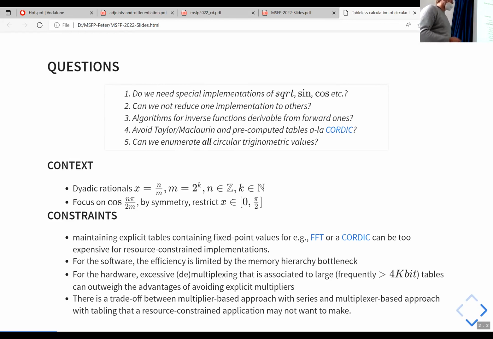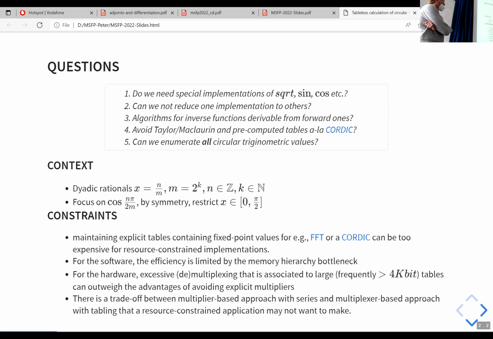Can we avoid standard things like Taylor or Maclaurin series or pre-computed tables that are present in algorithms like Dyadic? And also, maybe a bit controversial question, can we actually enumerate all these continuous values that we have on this plot that I showed before of the sine and cosine?